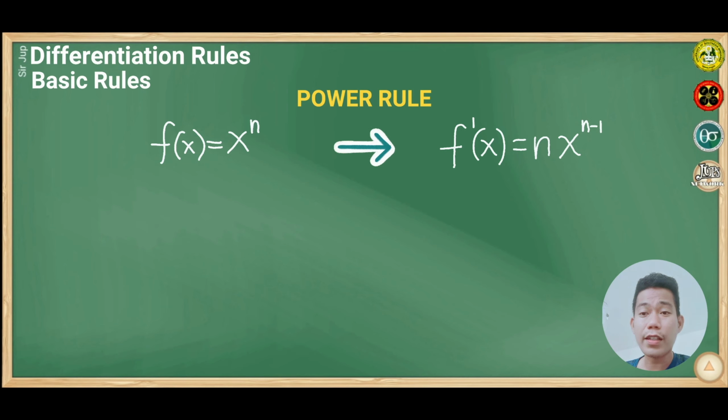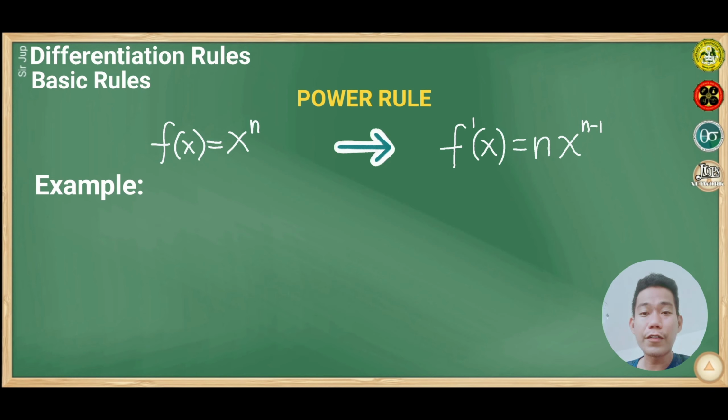Okay, so in this case, yung exponent nagiging coefficient at saka yung natira lang sa exponent is n minus 1. Okay, for example, hindi ko na din i-prove ito kasi nasa module yung proof.